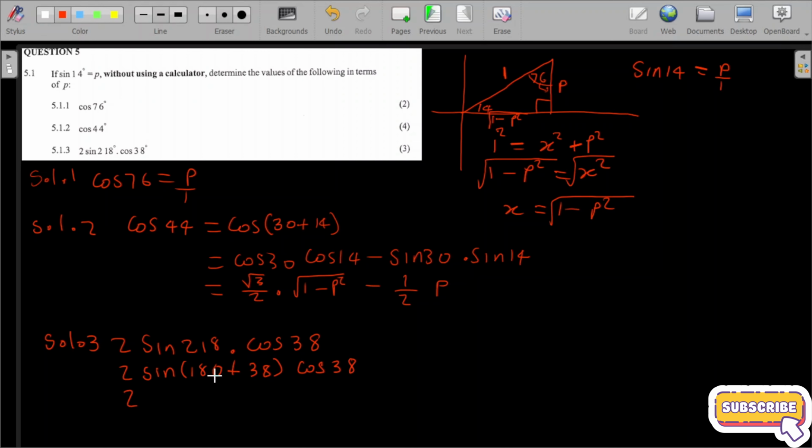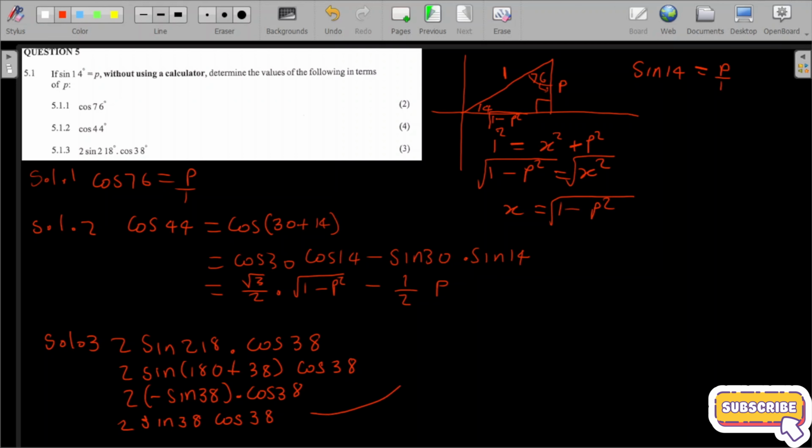Where do we get 180 plus? We get 180 plus in the third quadrant, and sine is negative in the third quadrant. So this is going to be negative sine 38 times cos 38. Now this is just going to give me 2 sine 38 cos 38.